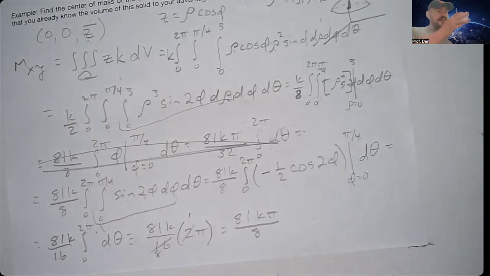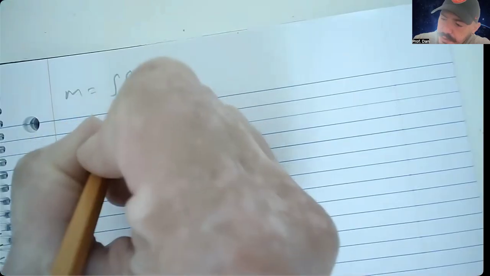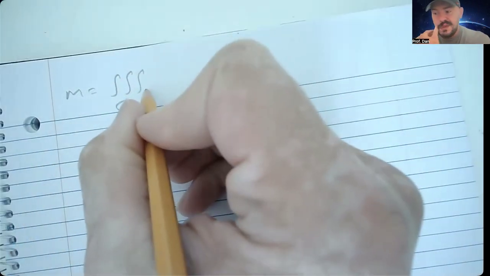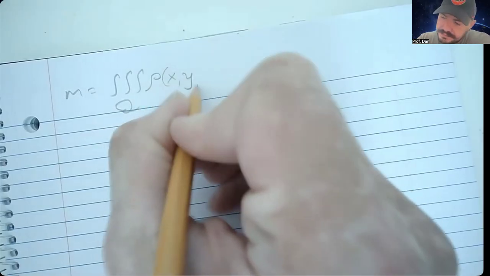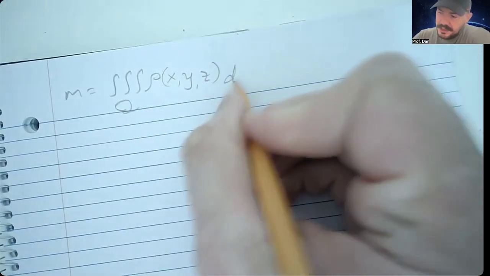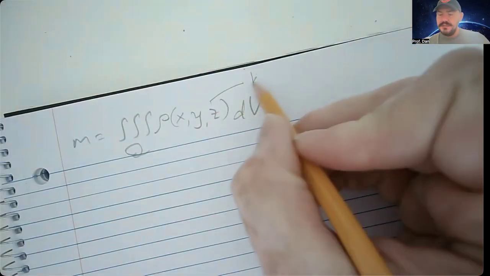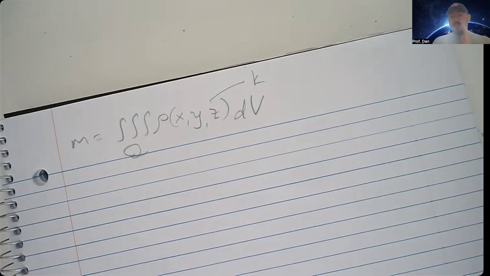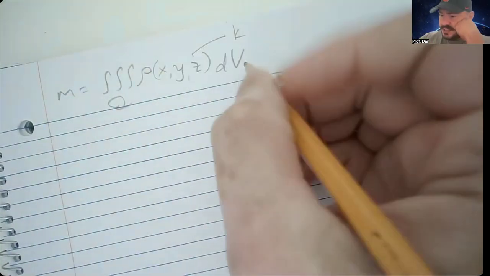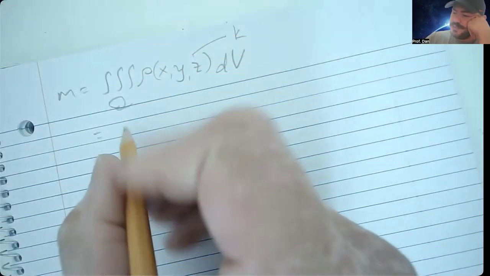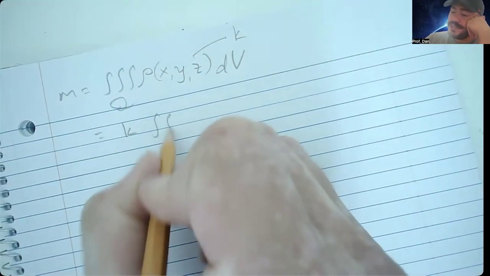So we'll need my notebook again. All right. Luckily, the mass is actually a really fast one. Remember, your mass is equal to the triple integral over the region Q of your density function, dV. For us, we knew that the density function was just K because the density was uniform, which basically means that the mass is going to be equal to K times the triple integral because that's a constant.